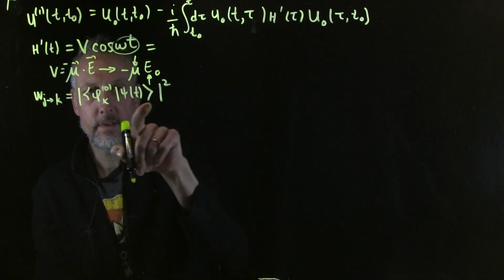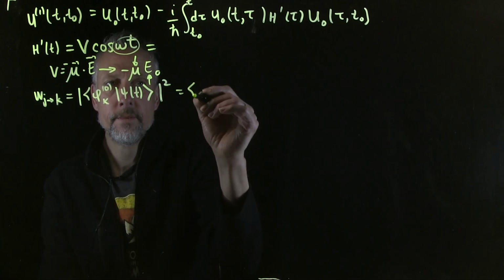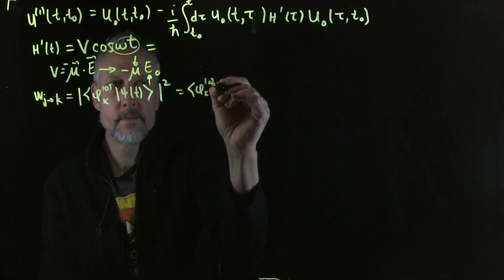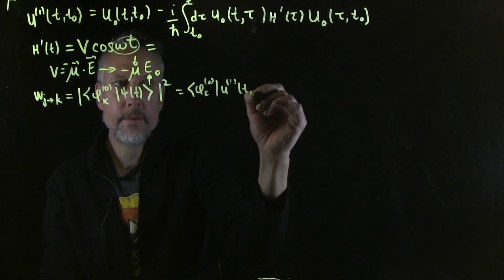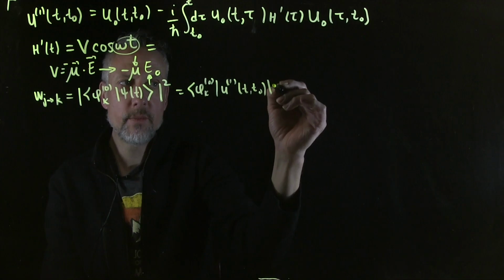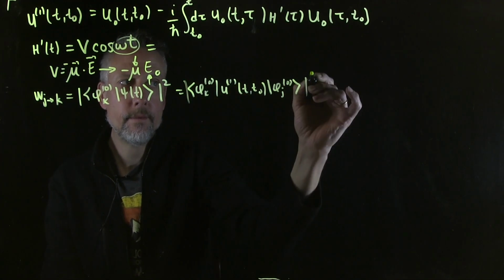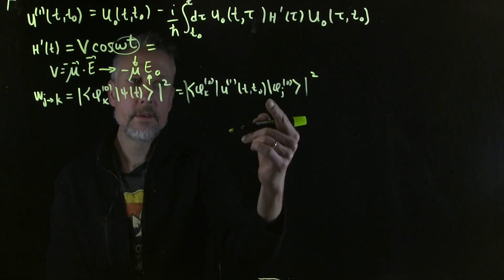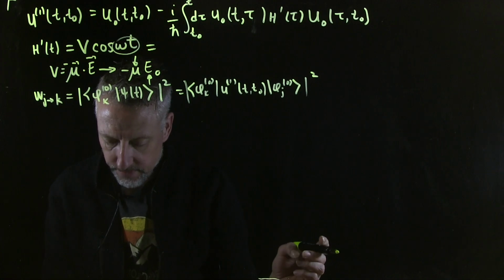This is going to be starting in the ground state. So we'll have this. The first order time evolution operator is here, the initial state is here, and the thing that we want to check with is over there.